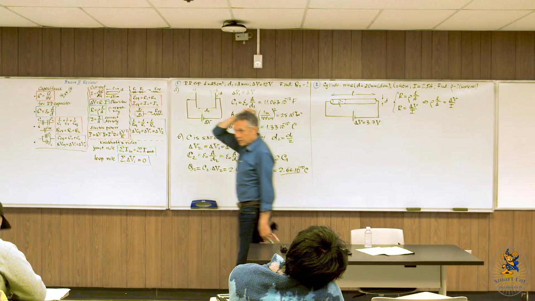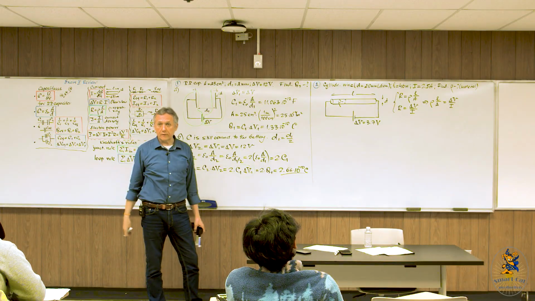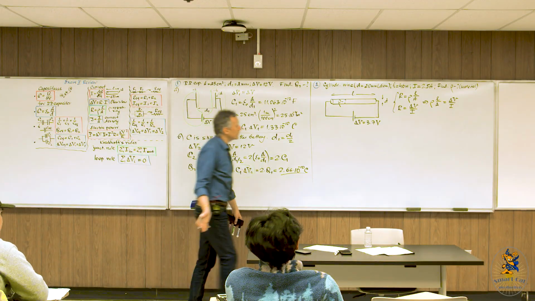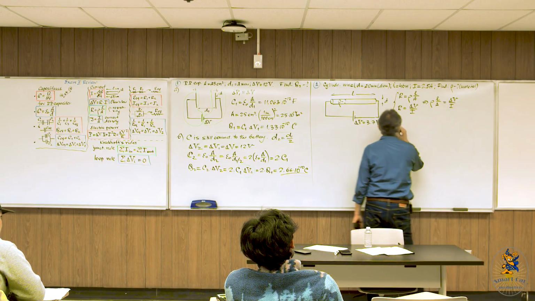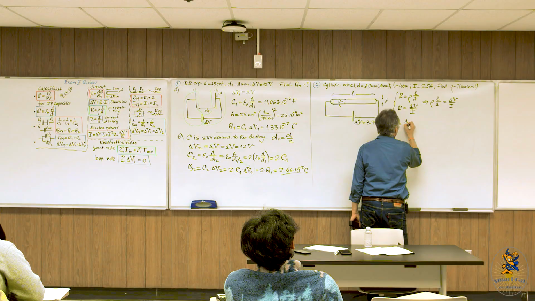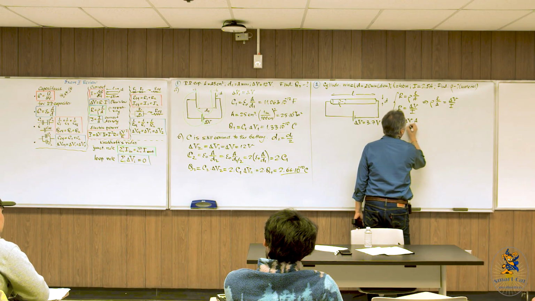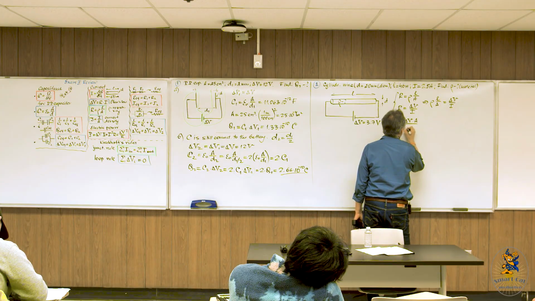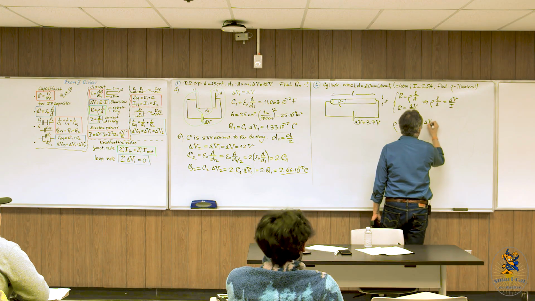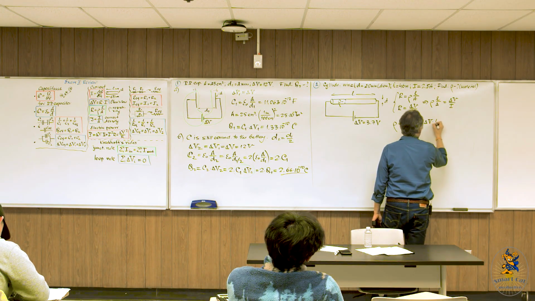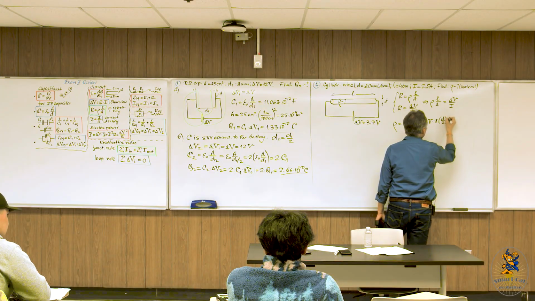So now length is given, cross-sectional area, here we can easily find, right? It's a circular cross-sectional area, and delta V and I are measured. So from here we can get rho equals delta V times A divided by I times L. So delta V, and cross-sectional area, it's pi d over 2 squared.